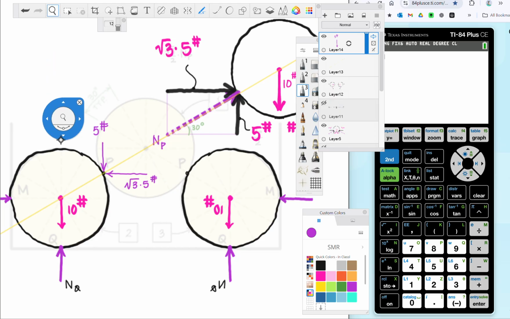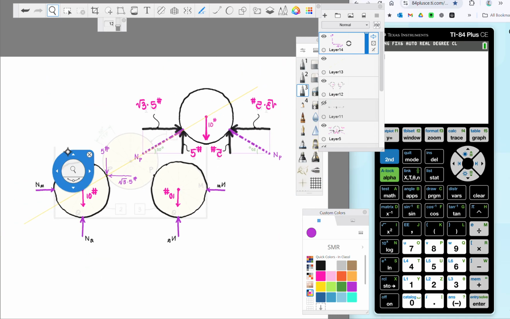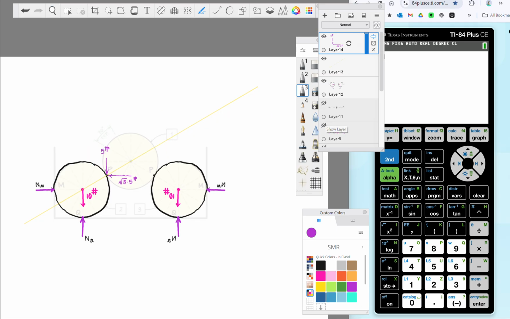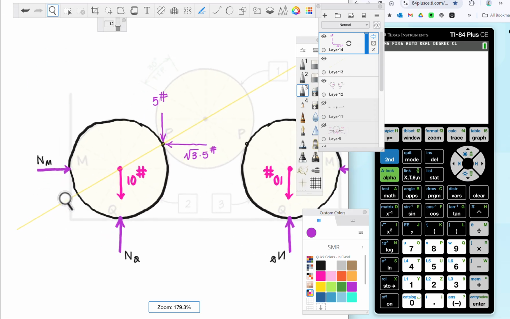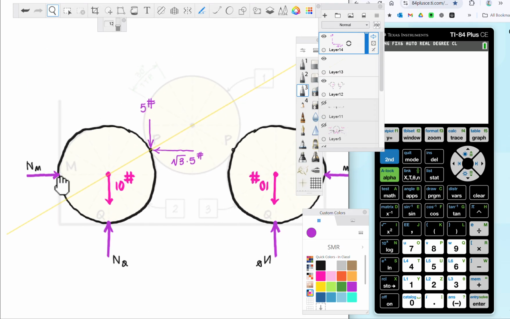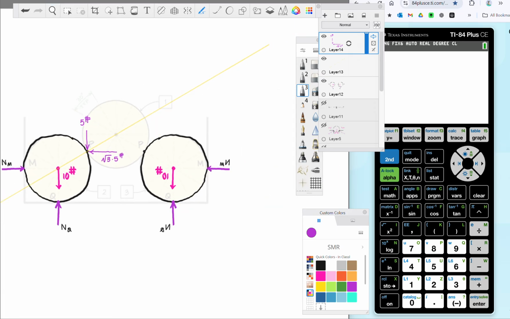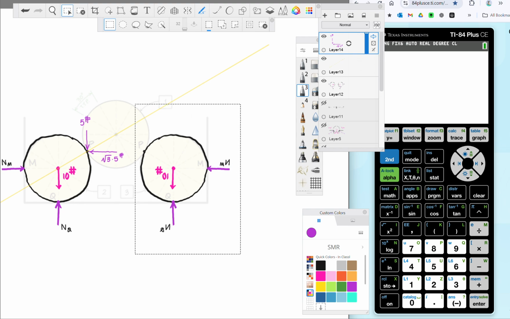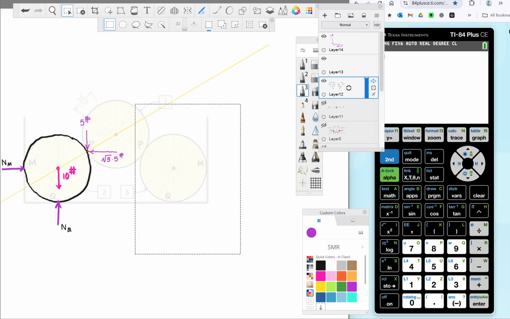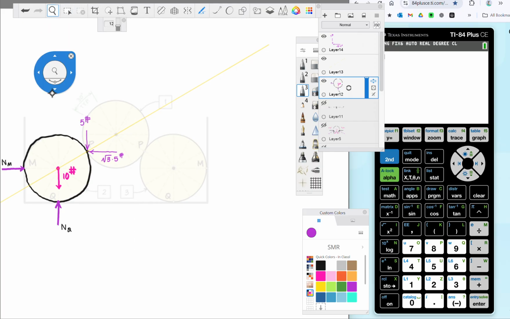Okay, so I've got my Newton's third law pair forces there, and I'm done with that free body diagram. Now I can focus on these, and I should have turned my line of symmetry on, so to fix that, I'm just going to remove this one. We'll continue to work over here.